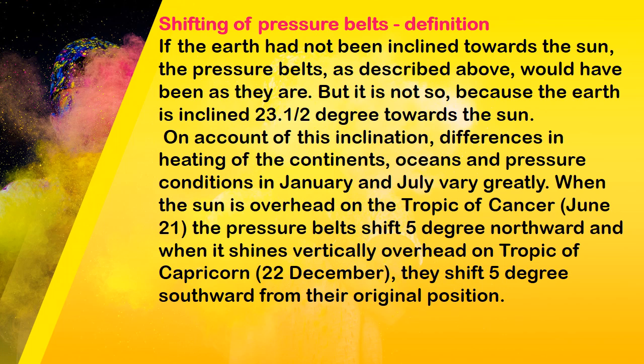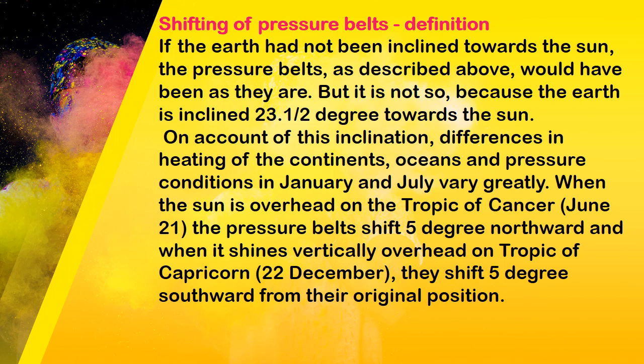When the sun is overhead on the Tropic of Cancer, June 21, it is exactly on the Tropic of Cancer. So, the pressure belts shift 5 degree northward, because of the apparent movement of sun in both the hemispheres.